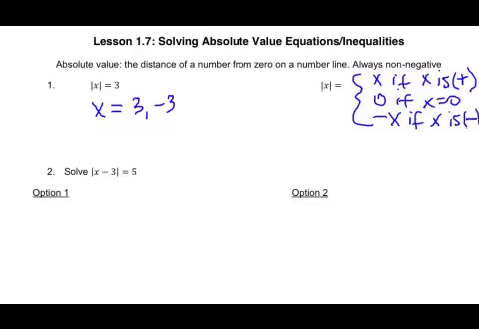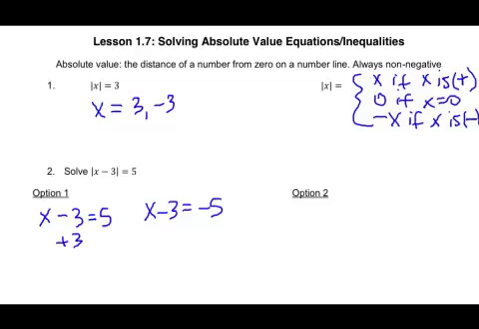Since it's the absolute value, it will still give us a positive solution. So we need to set up two different equations. x minus 3 equals a positive 5. And again, if it's a negative 5 inside the absolute value, that will still give us the positive 5 solution. So we also need to look at x minus 3 equals negative 5.